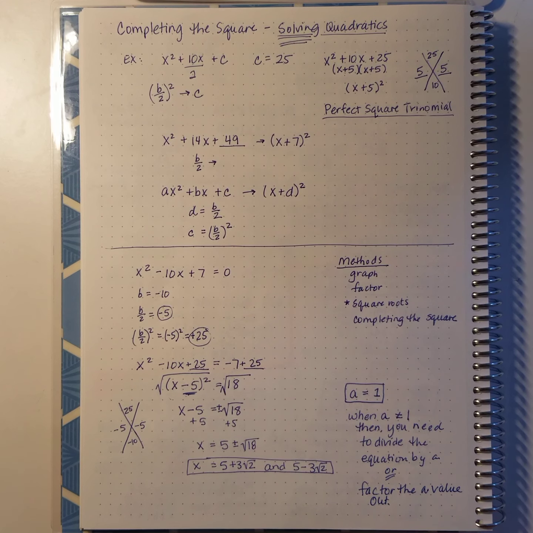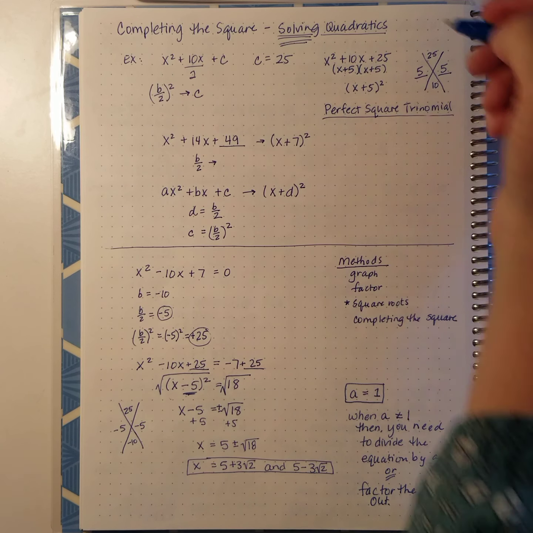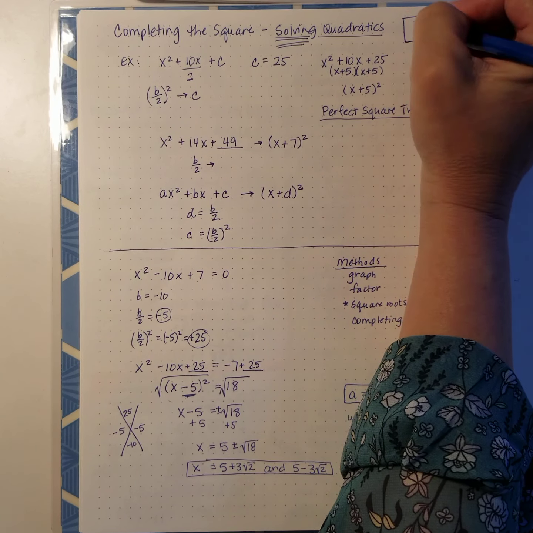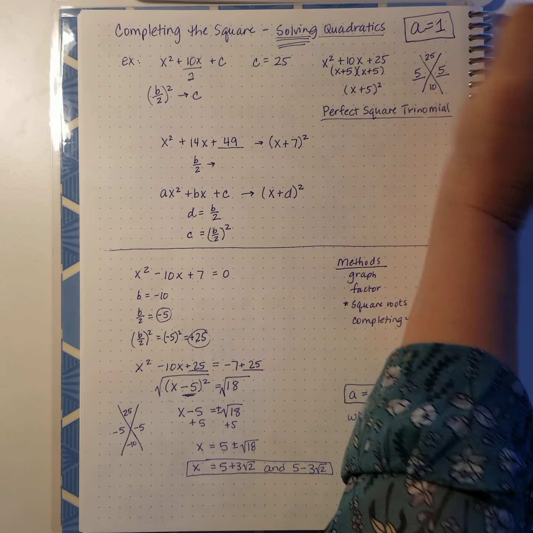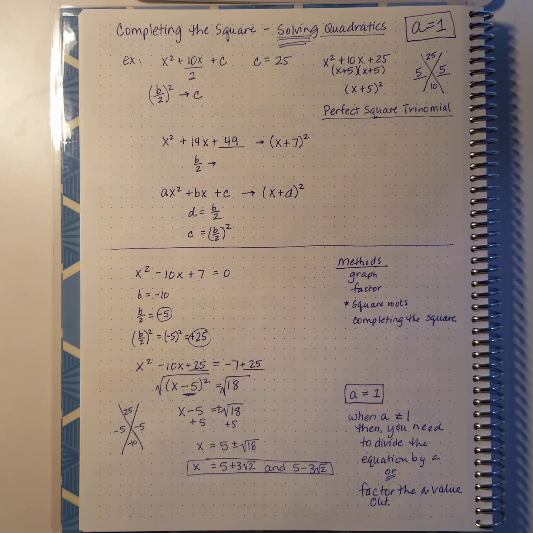Okay, and we'll do a separate video on that. Keep this one short. So this video is specifically for a equals 1. Okay, and then we'll do another short video when it does not equal 1.